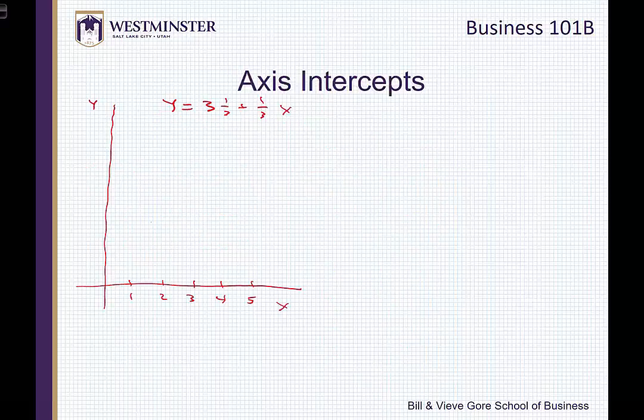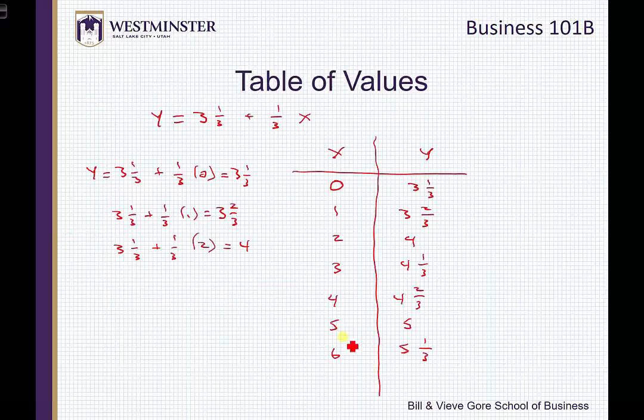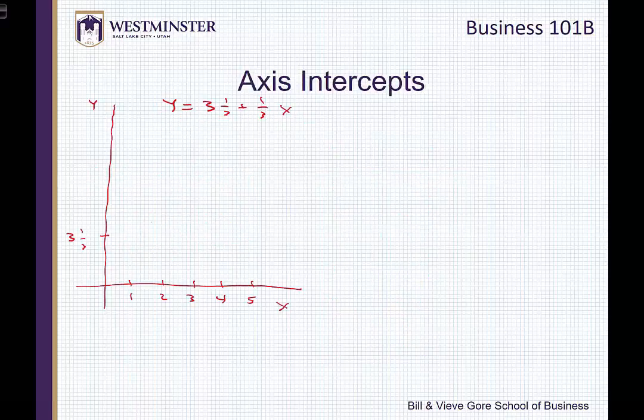So when x was equal to 1, y was equal to 3 1/3. When x was equal to 5, y was equal to 5. We have a point out here.